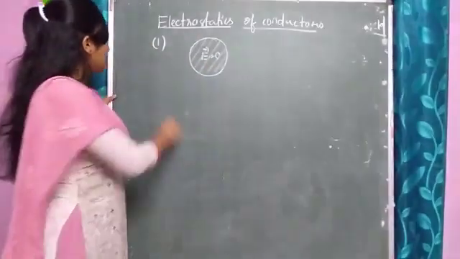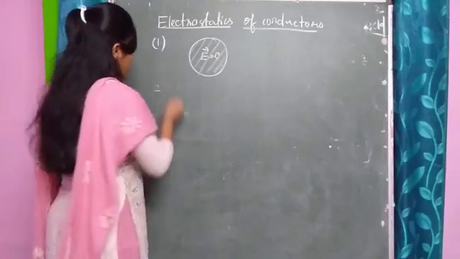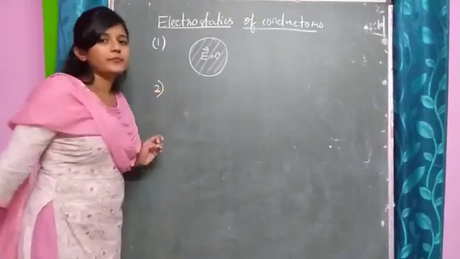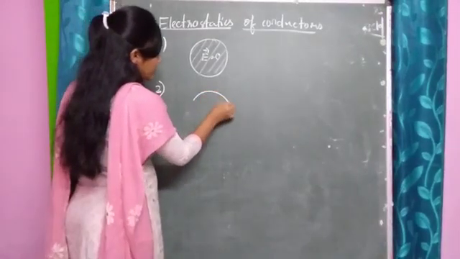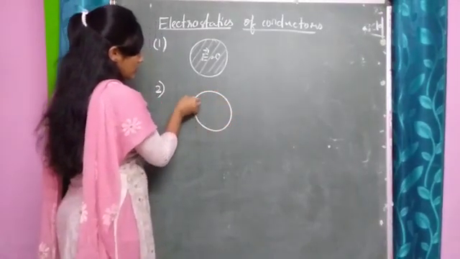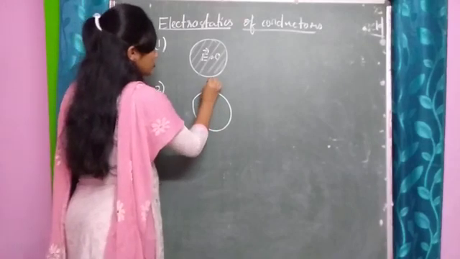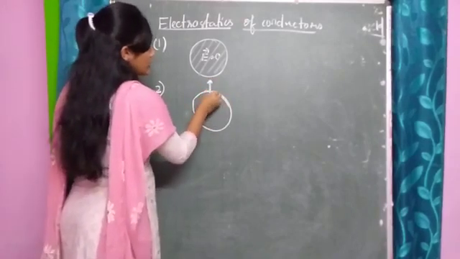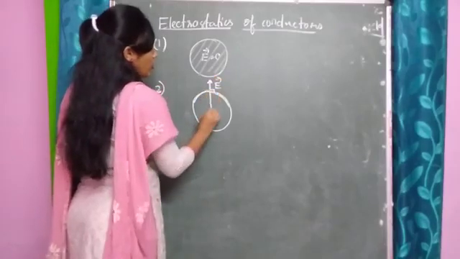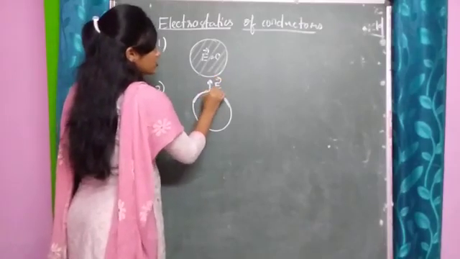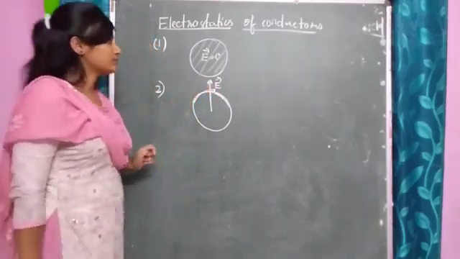Second point is that, as we have discussed in the previous class, the electric field must be normal to the surface of the conductor.